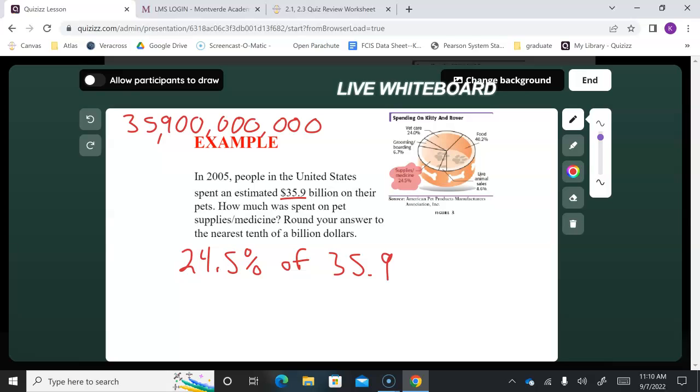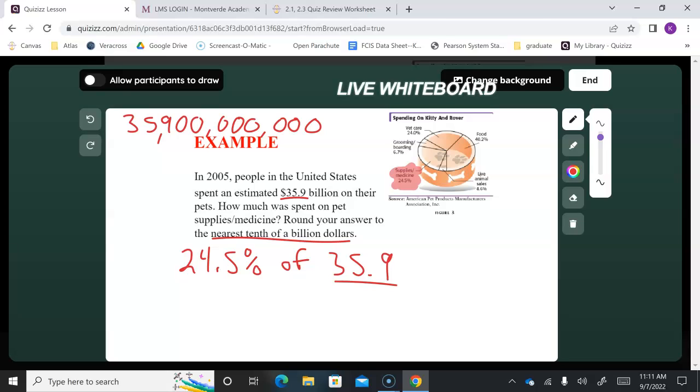You can leave it as 35.9, and when you do your multiplication, your answer will be in billions. They want you to round to the nearest tenth of a billion, which is how many decimal places? Your answer is going to look very similar to that. 35.9 billion is already in tenths of a billion.